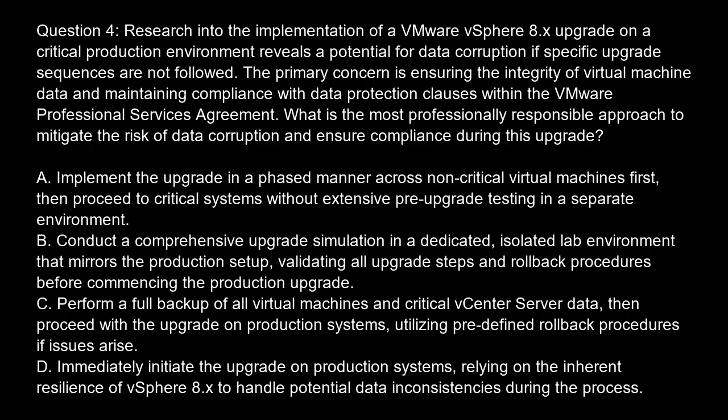Option C. Perform a full backup of all virtual machines and critical vCenter server data, then proceed with the upgrade on production systems, utilizing predefined rollback procedures if issues arise. Option D. Immediately initiate the upgrade on production systems, relying on the inherent resilience of vSphere 8X to handle potential data inconsistencies during the process.